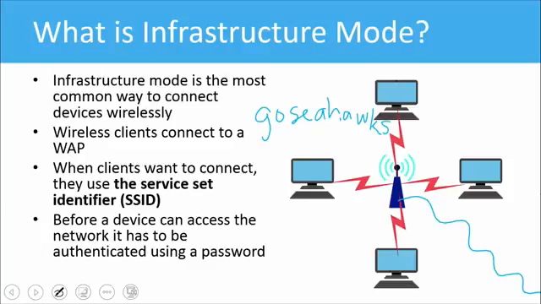I'm able to locate my network because of that name, right? Before a device can access the network, you have to try to connect using that name, but you also are going to authenticate with a password. That password is basically going to prove to that wireless access point that you belong on the network.